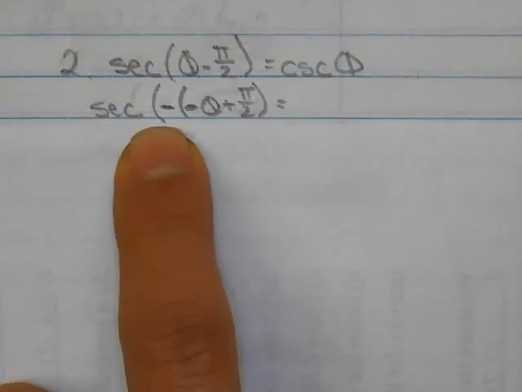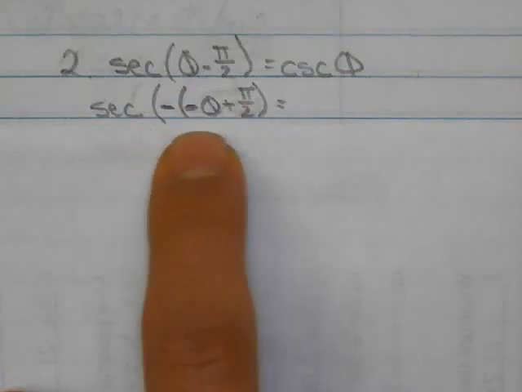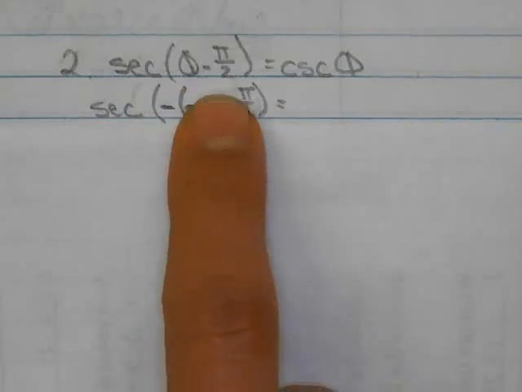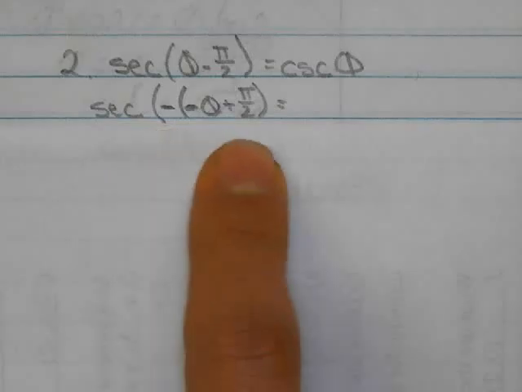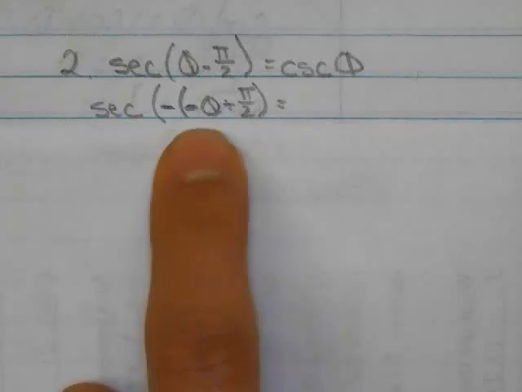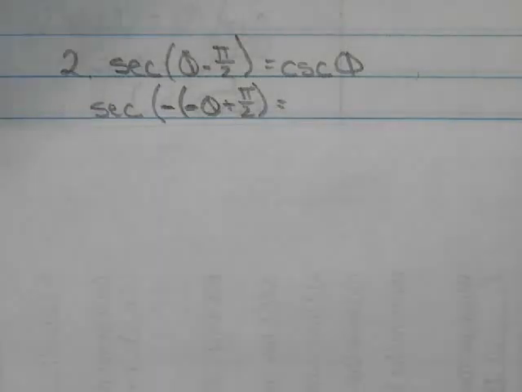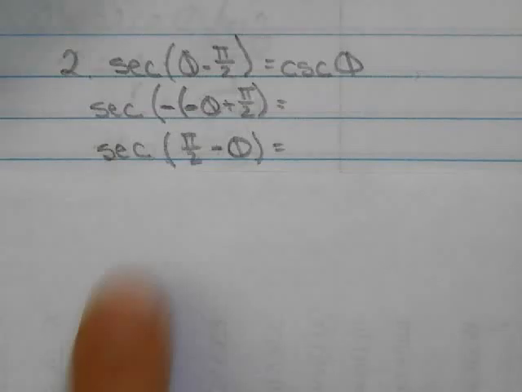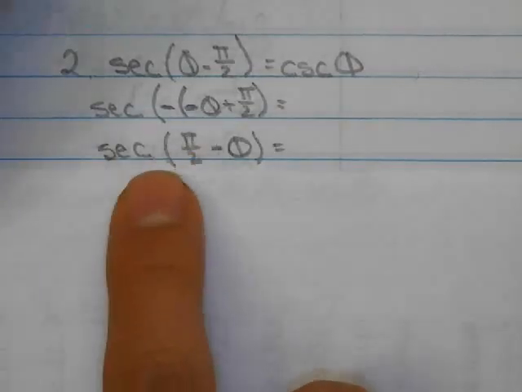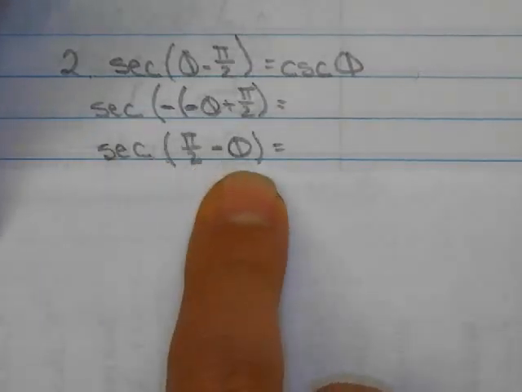If I take out this negative, then theta divided by a negative is a negative theta, and negative pi over 2 divided by a negative is a positive pi over 2. So I just took out a negative and have it like this. Now that it's written like this, I can rearrange it so that it looks like the pi over 2. So I have secant of pi over 2 minus theta.